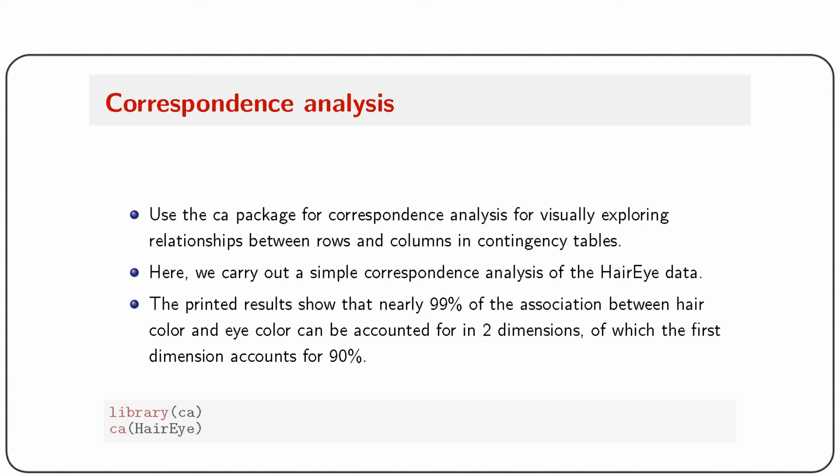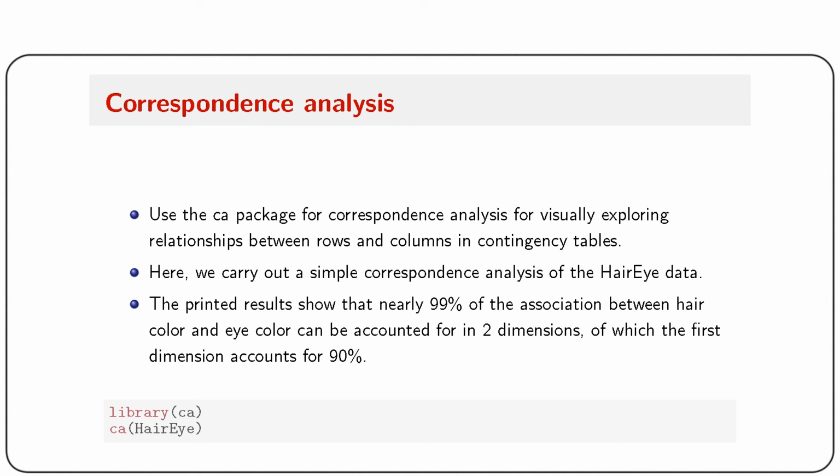The printed results show that nearly 99% of the association between hair color and eye color can be accounted for in two dimensions, of which the first dimension accounts for 90%.